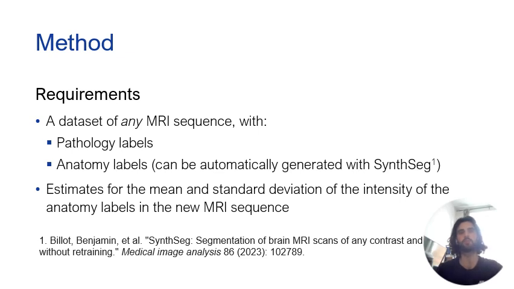In the case of the brain, software such as SynthSeg can be used to automatically generate these. And then we also need estimates for the mean and the standard deviation of the intensity of the labels for the anatomy and the pathology in the target sequence, and these can be provided by the sequence developers.